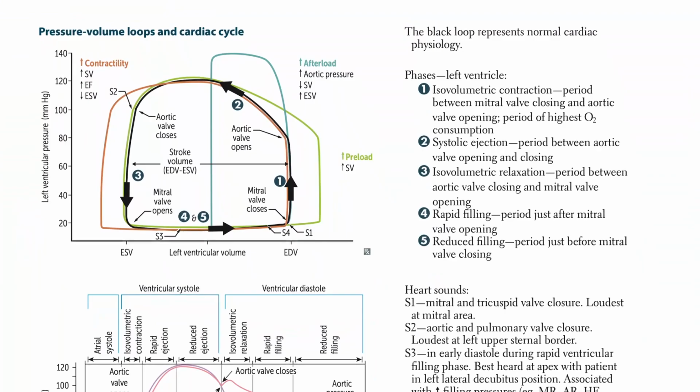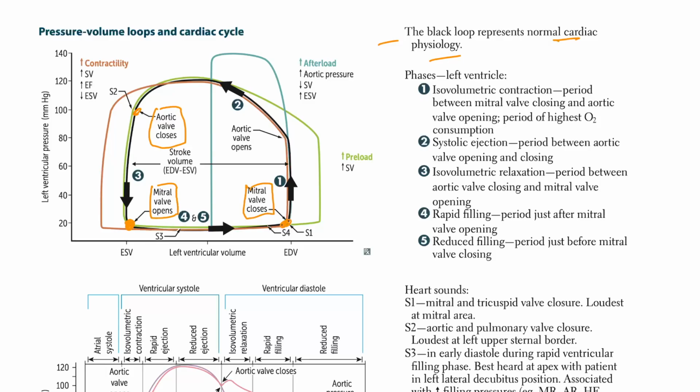Okay, we have pressure volume loops and the cardiac cycle. So the black loop represents normal cardiac physiology. We can see here we have aortic valve closure. It actually starts from here, where the mitral valve opens and the mitral valve closes right at this point.